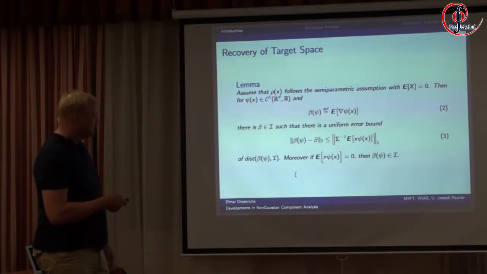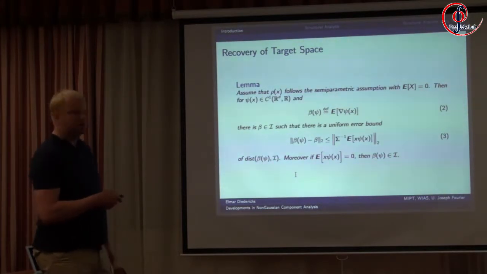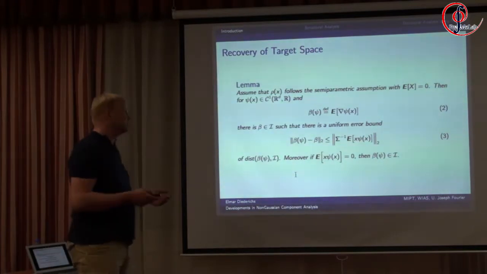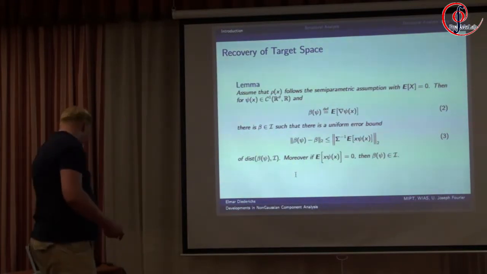Moreover, we can show that if this condition, the expectation of the product of x and psi, is not zero, then it is exactly part of the non-Gaussian component subspace. This lemma will be used in more or less all variants of non-Gaussian component analysis, and the question is how to make effective use of this lemma in an algorithm.